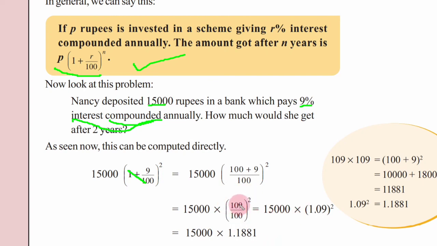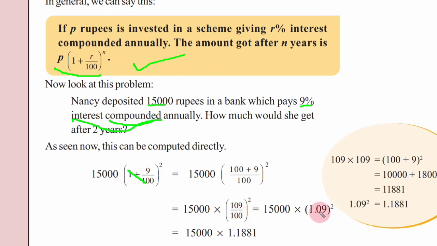And what is 109 by 100? See, in the denominator if we have 100, we can write a decimal number here. Numbers with denominators 10 and its multiples have a decimal form. So 109 by 100 is equal to 1.09.